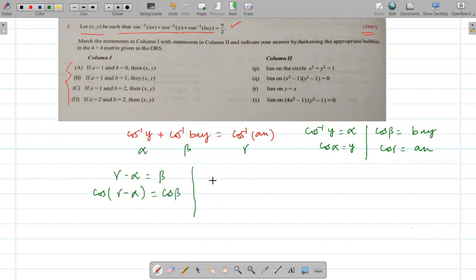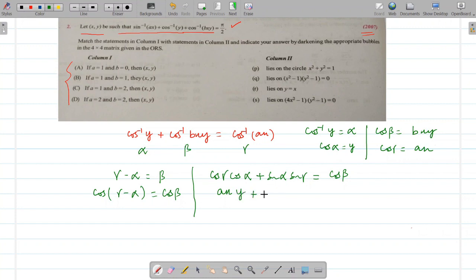So we open the cos formula: cos gamma cos alpha plus sin alpha sin gamma is equal to cos beta. We can substitute those values. Cos gamma's value is ax, cos alpha's value is y, so axy.